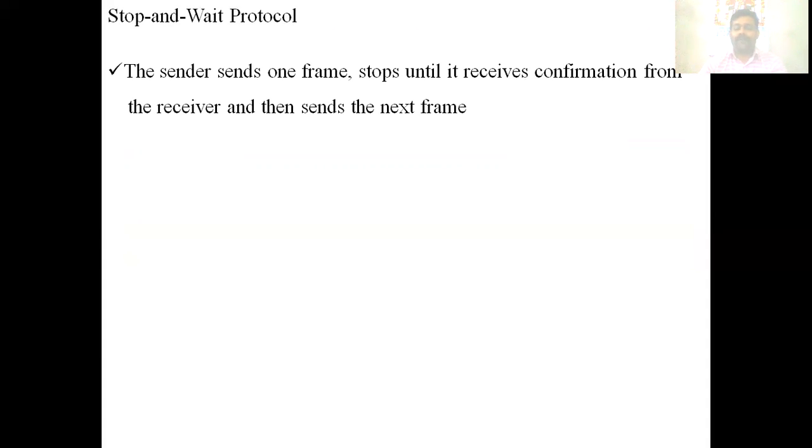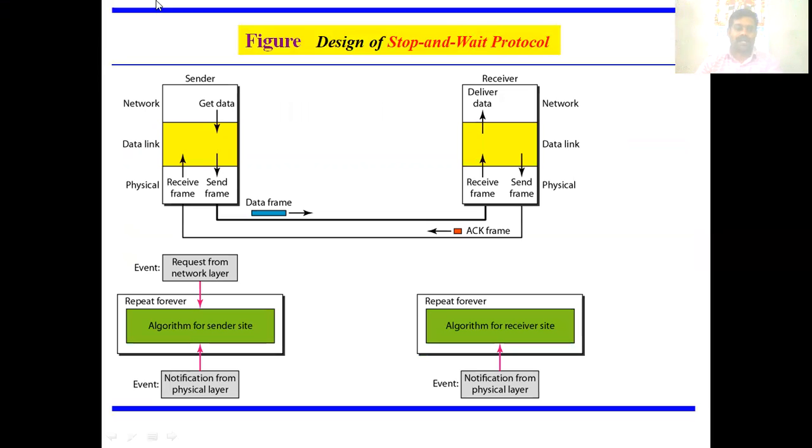Now the stop and wait protocol. In stop and wait, the sender sends one frame and stops until it receives confirmation from the receiver, and only then will it send the next frame. The sender sends one frame and waits for the acknowledgement. After getting it, it sends the next frame. Here it also waits for an event.